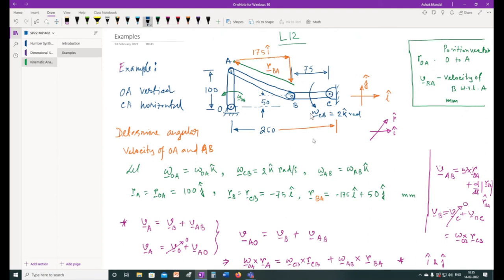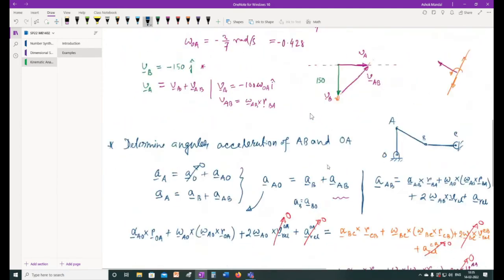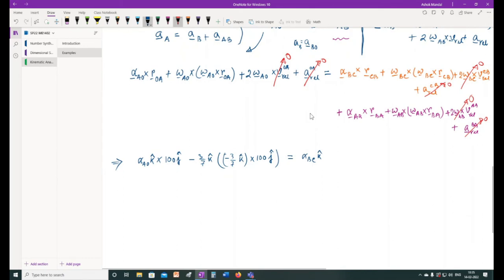Another thing is this is constant. If this is constant, that means what is alpha CB? This is equal to 0. So from that, this term does not exist because this is equal to 0.